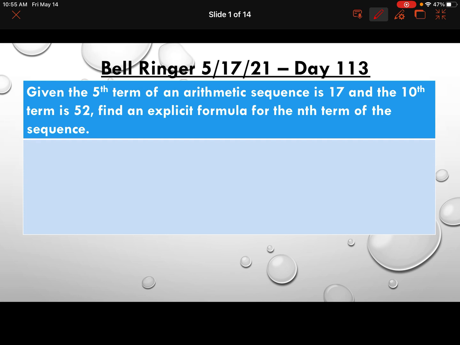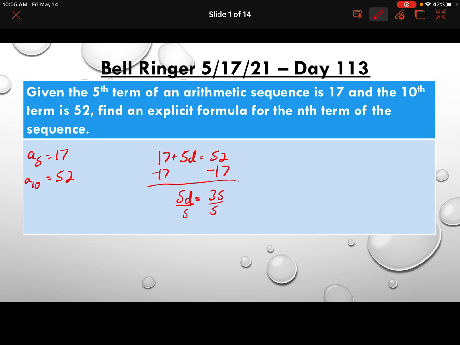Okay, so given the fifth term of an arithmetic sequence is 17, and the 10th term is 52, find an explicit formula for the nth term of the sequence. So let's see, this means that 17 plus 5d is equal to 52. So we're going to solve this for d, so minus 17, so 5d is equal to 35.